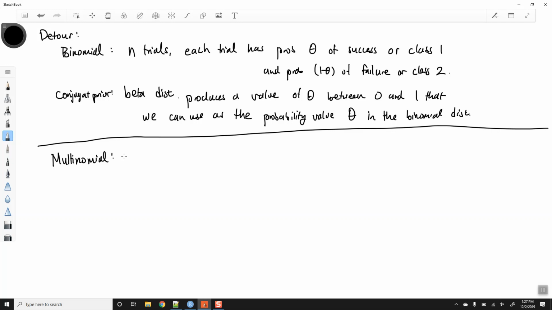Rather than just heads or tails, now you have a die that has 6 sides. So the multinomial is a generalization of the binomial.